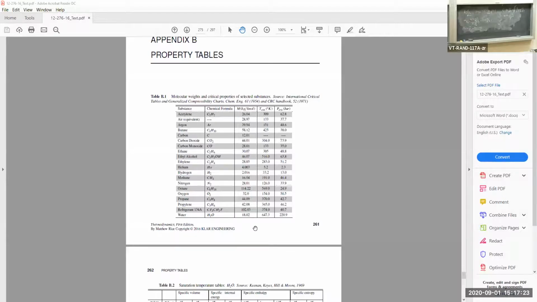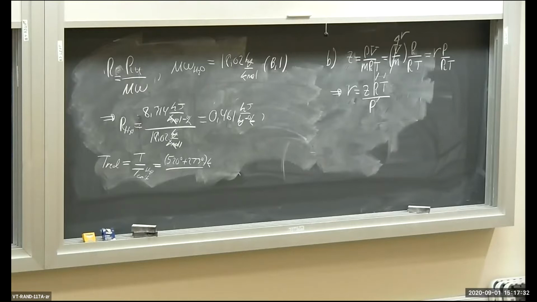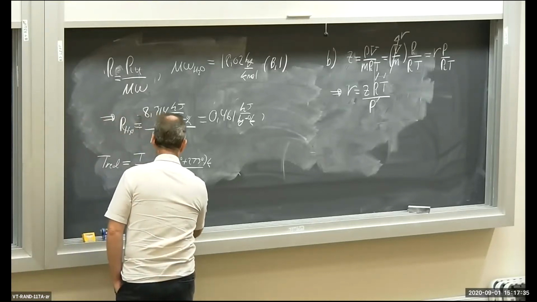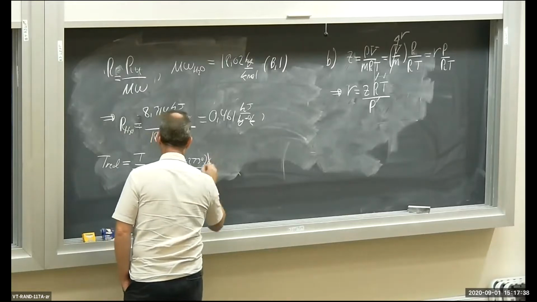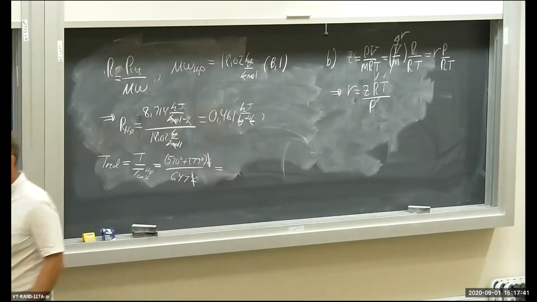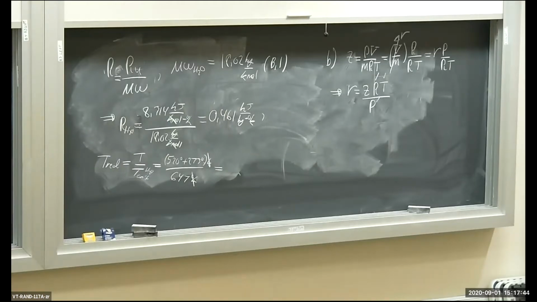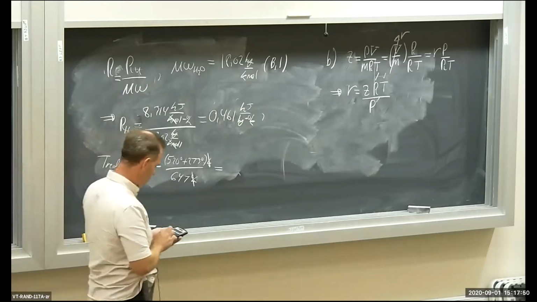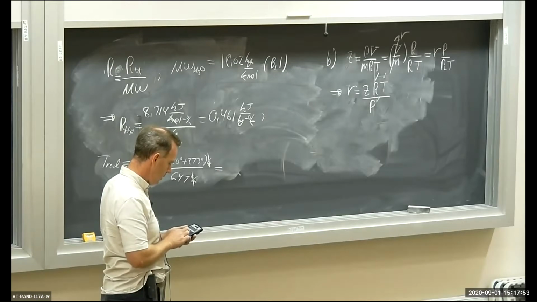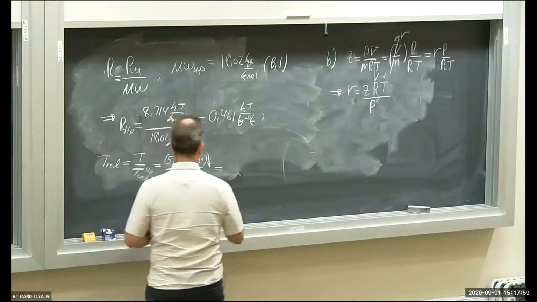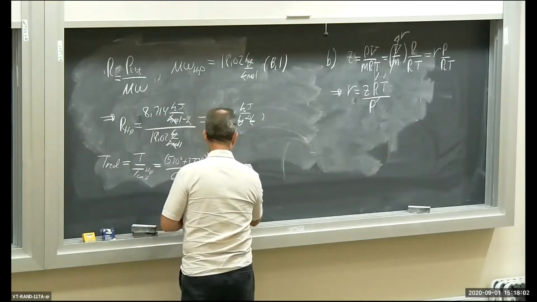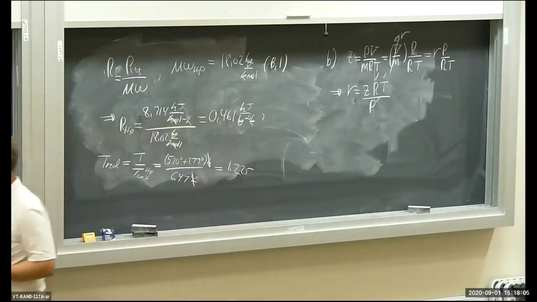Table B1, critical temperature, water, 647.3 Kelvin. 647 Kelvin. The Kelvins cancel out, and I get a reduced temperature. 520 plus 273, divided by 647, I get 1.225. Okay, that's the reduced temperature, 1.225.